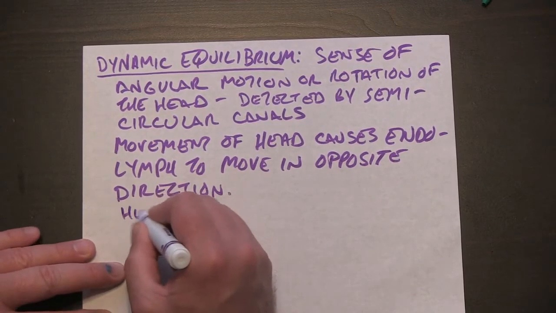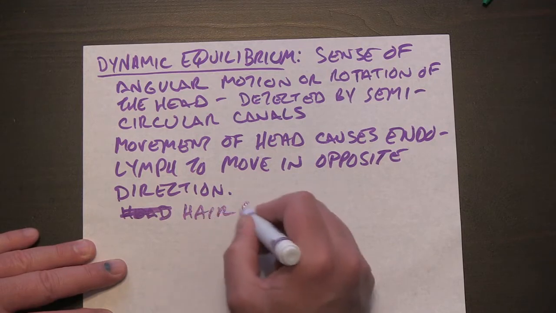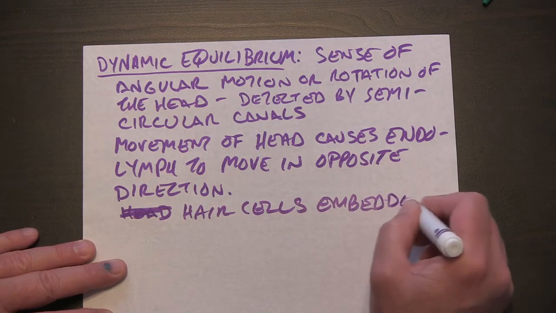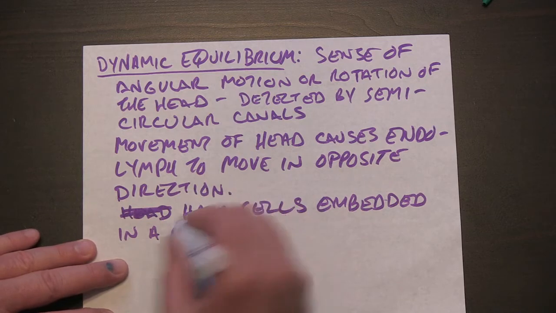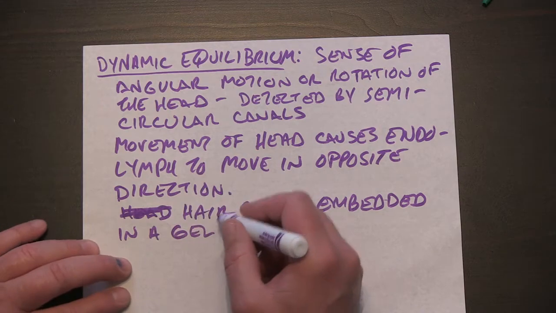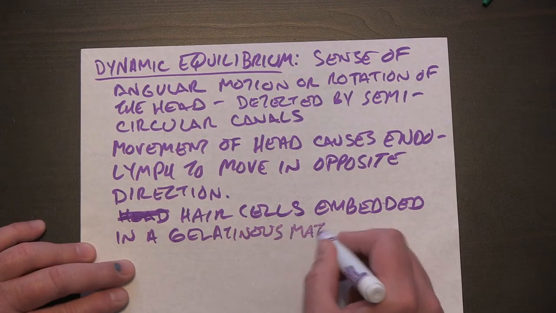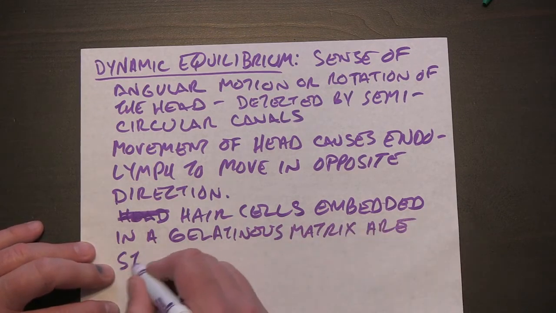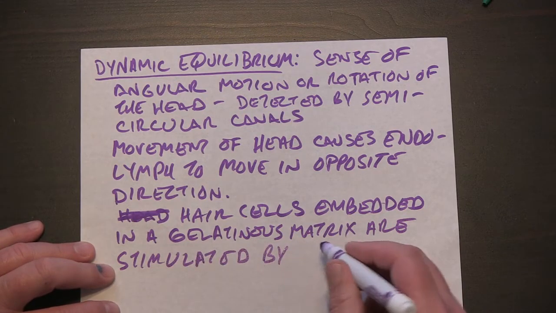And then the hair cells that are embedded in another similar but different gelatinous matrix are stimulated by the movement of the endolymph.